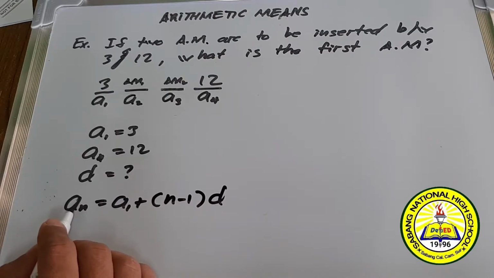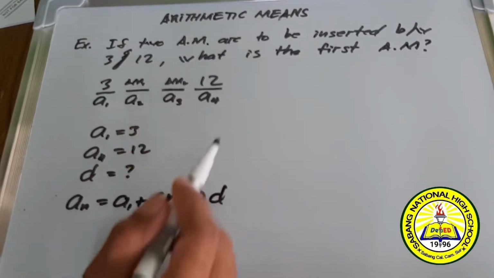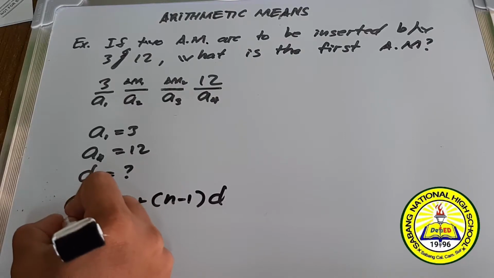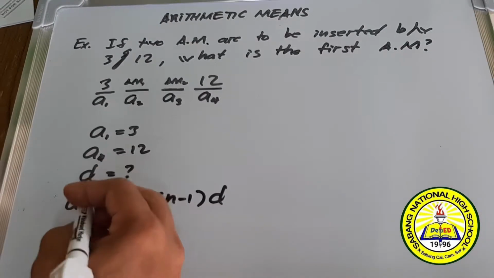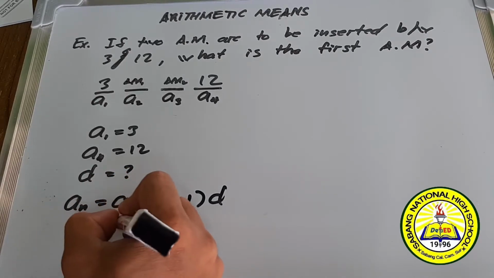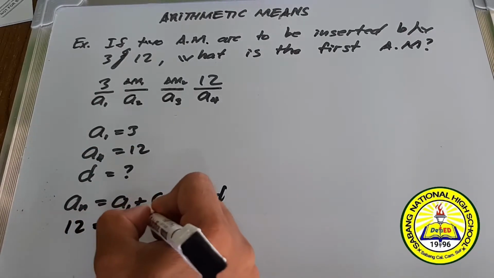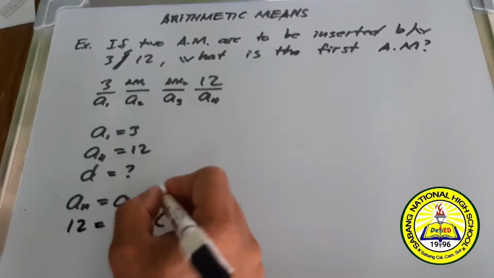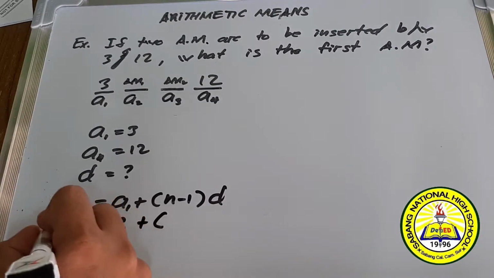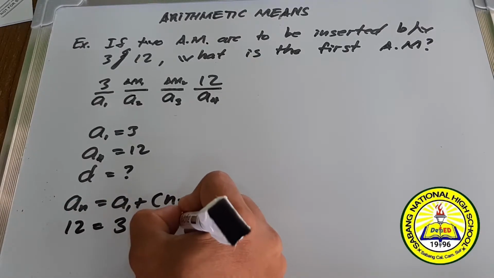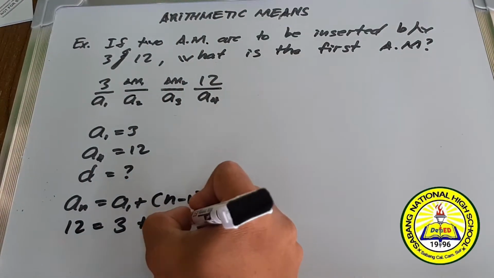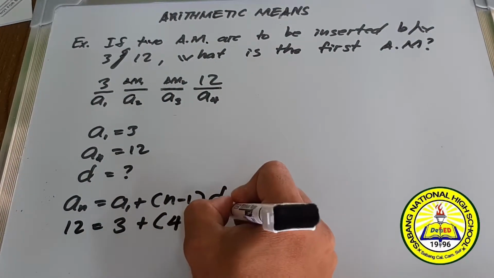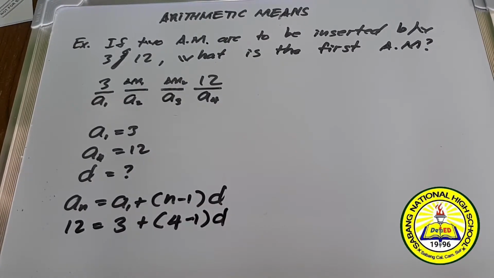We have another given here that the fourth term, A sub 4, is 12, and the first term is 3 plus, since this is the fourth term, we are going to use n as 4, minus 1 times the unknown d, the common difference.